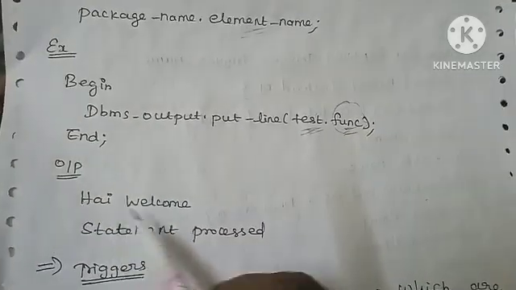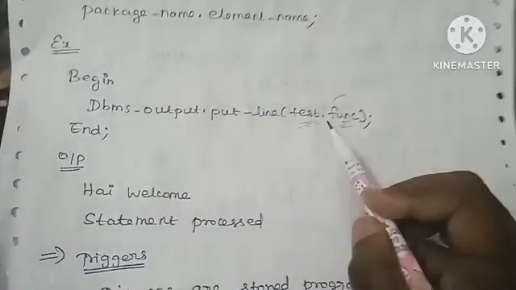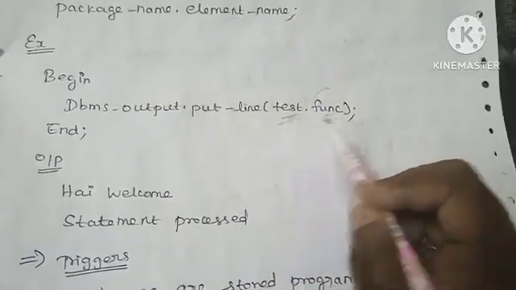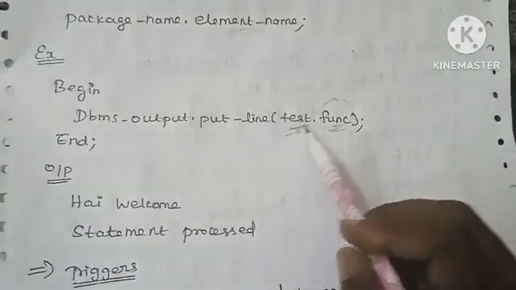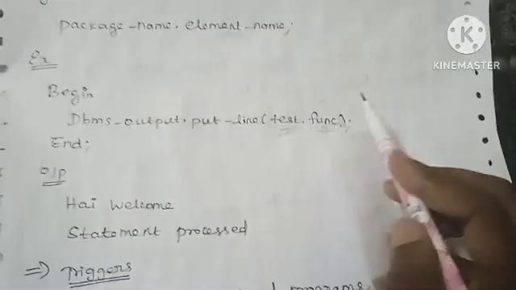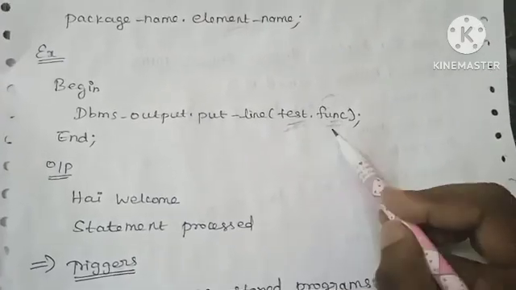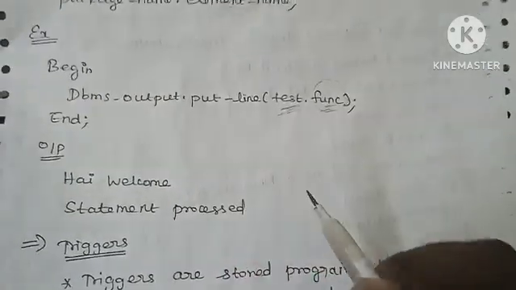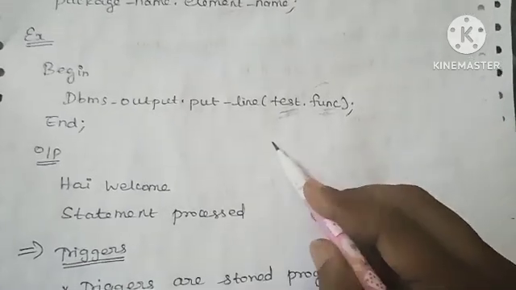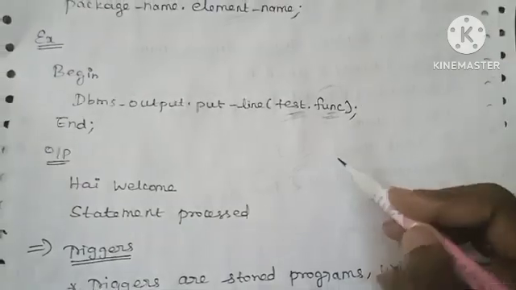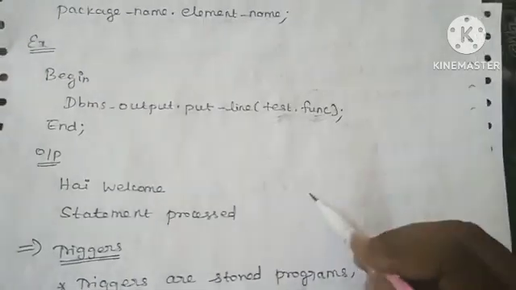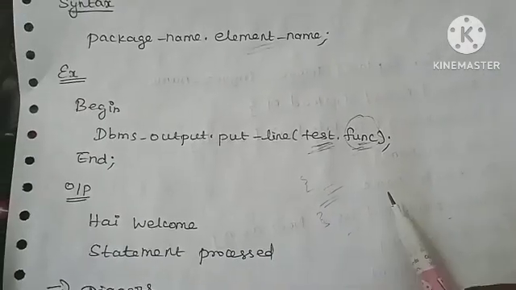Here the output is hi welcome, because we created our package and function with the string hi welcome, and the element function name is displayed. These are the uses of the package. Once you create the package with some values, to use the same value in another program, we can just enter the package name with the function name.